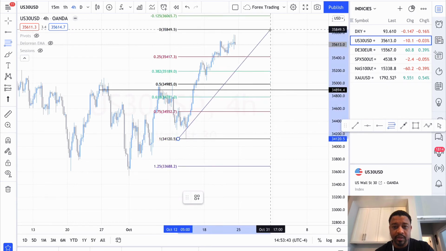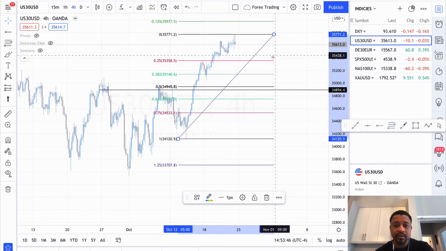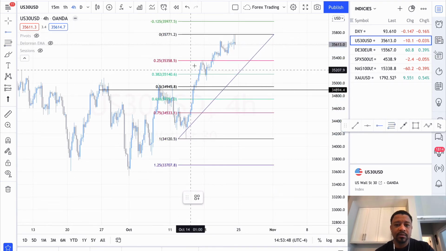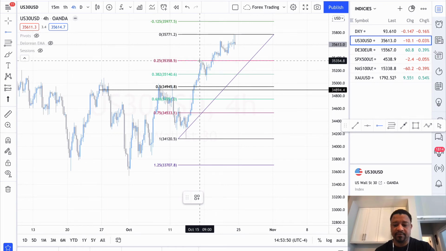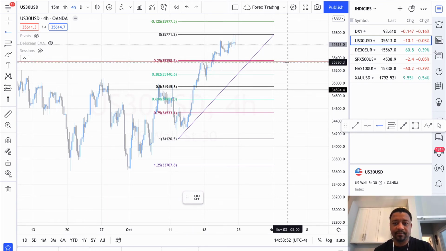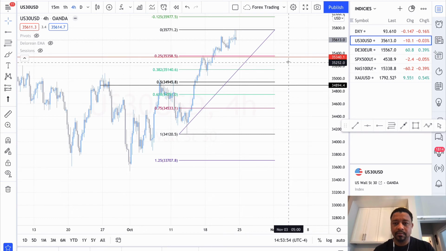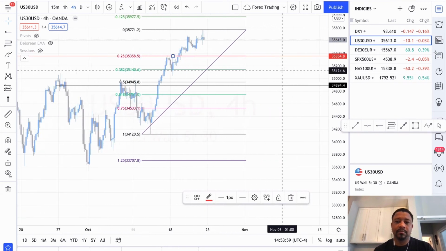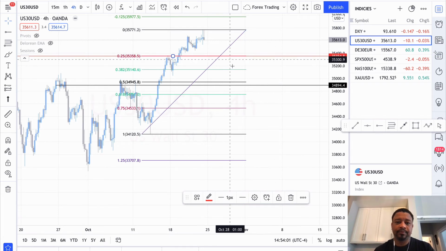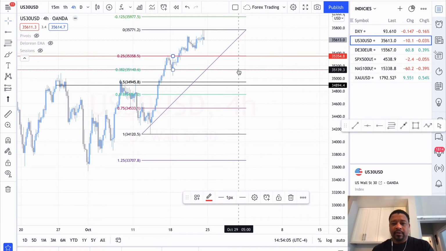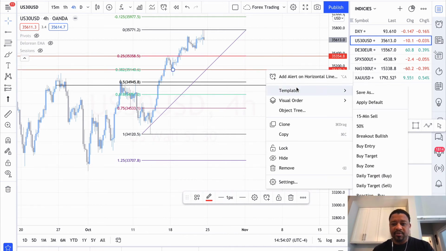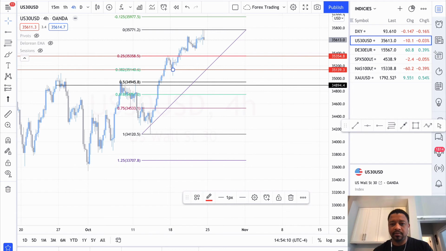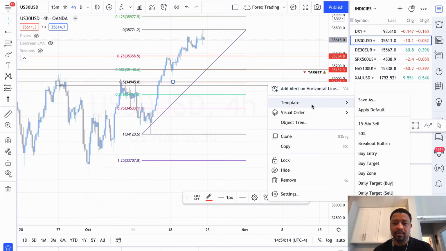Let's do swing to swing. So here's 25% for the pullback. If it breaks below that 25%, here's a target. Here's a target.